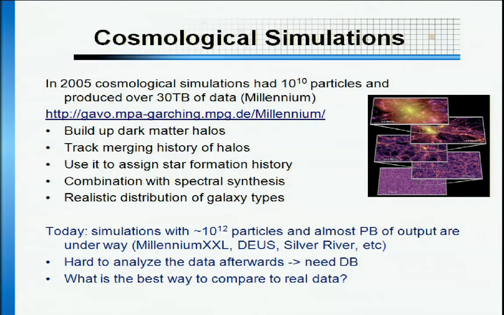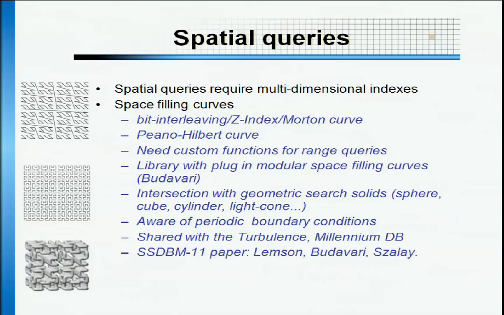So how can we keep up with the data sizes? First of all, we did spatial queries. It is very clear for a lot of things that one can use space filling curves. Once we started to see this pattern, Tamás Budavári wrote a nice library, which is now used both for the turbulence database and the Millennium. We published it in the SSDBM with Gerard.